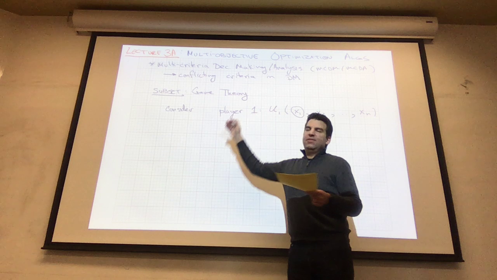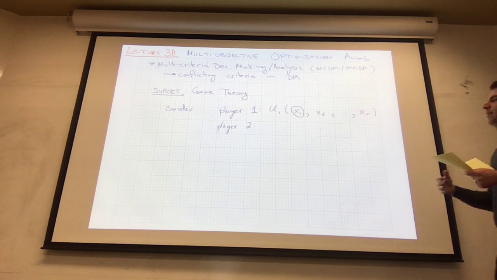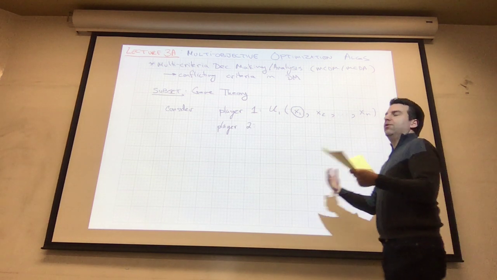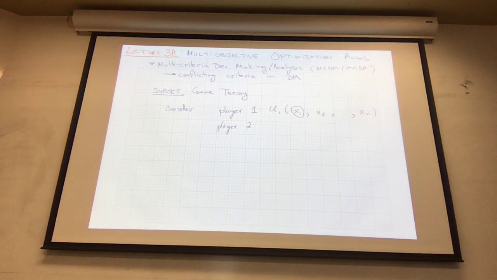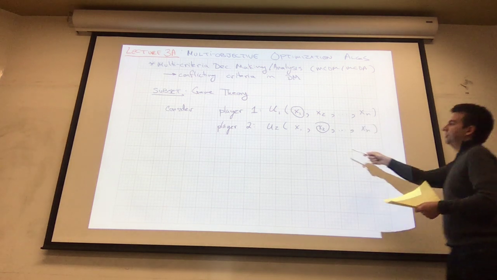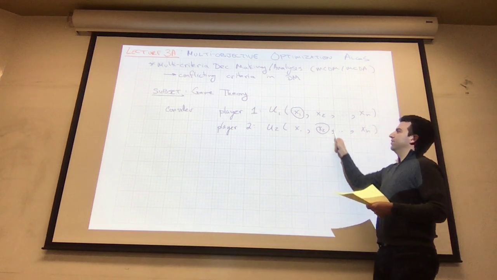But we can think of this more generally in terms of game theory. We've got multiple players, player 1, player 2. You can view them as members of a society, or you can view them as robots that have no communication with each other and yet still impact each other. That's another way to view it. So player 2, similarly, will have a utility function with the same structure, but in her utility function, she doesn't control this aspect of it, she controls this aspect.